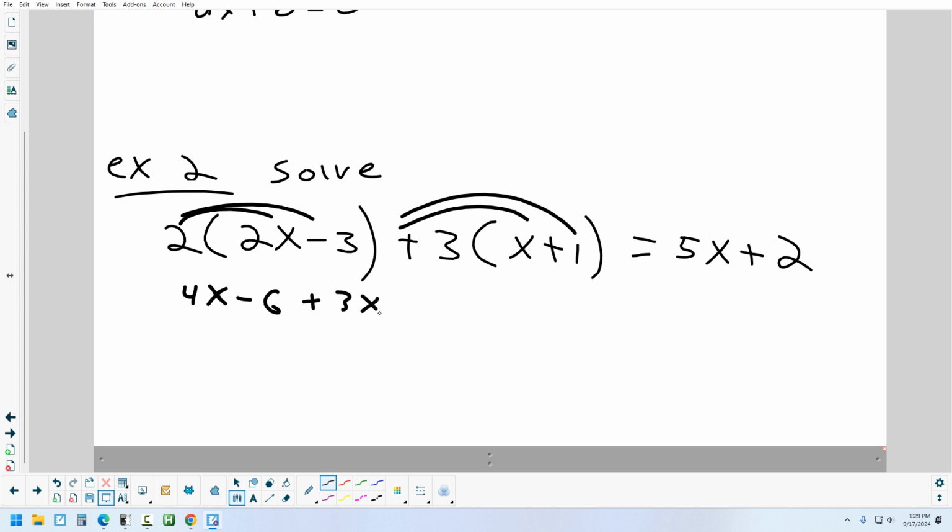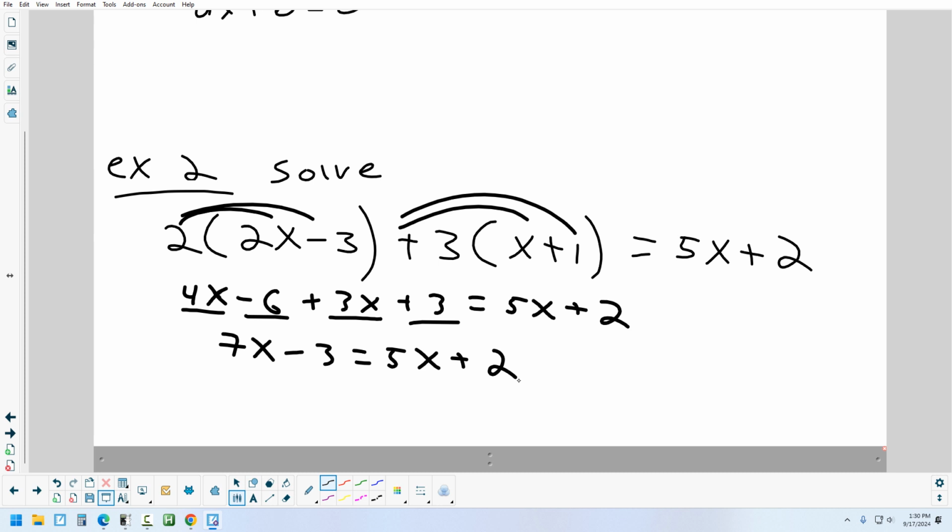And positive 3 times positive 1? 3. Okay, so that's your first step, distribute. Now, does the left-hand side have any like terms? Yeah, let's combine those. What's 4x and 3x? 7x. And negative 6 and positive 3? -3.